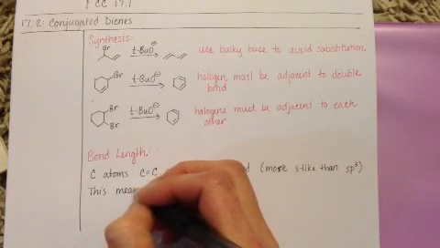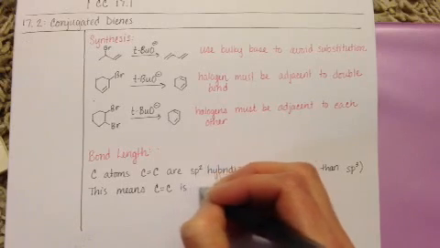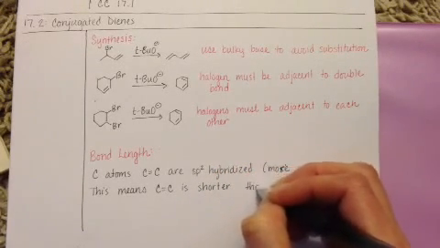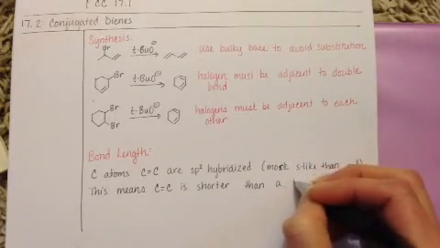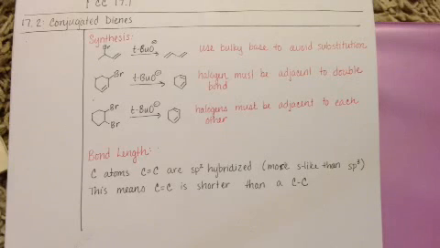This means ultimately that the carbon-carbon double bond is shorter than a carbon-carbon single bond in just a regular molecule. And this is something that we talked about tons and tons.